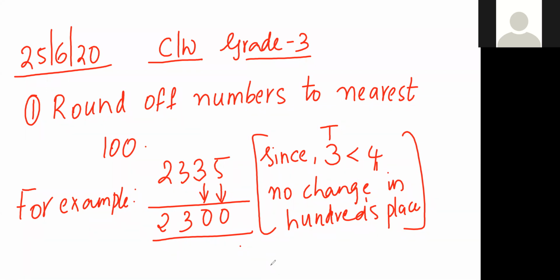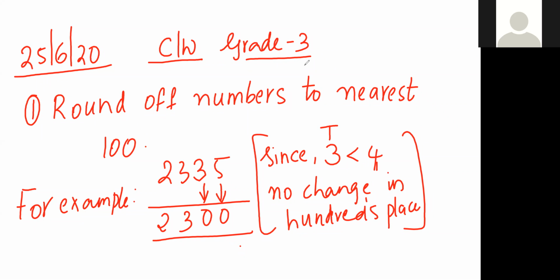Rohan, any doubt? Yes, ma'am. Ma'am, Ashish and Sai Kartikeya are chatting always. See, you are here to listen, and whatever the teacher instructs you, you have to follow, right? Why are you chatting unnecessary things, both of you?